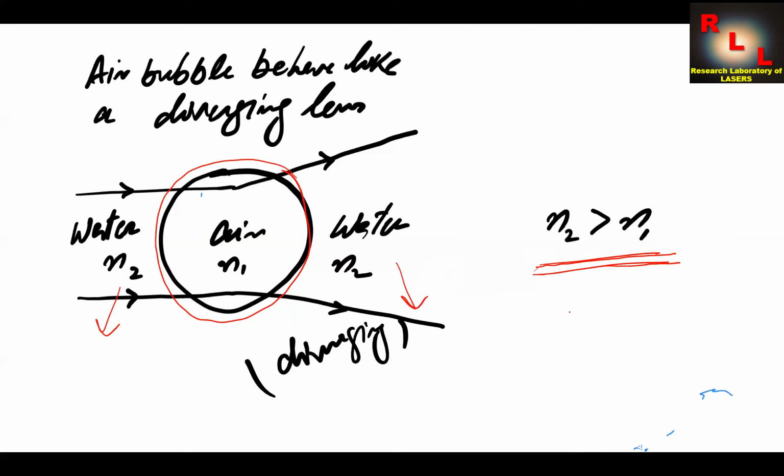Any bubble in water has a shape like a convex lens, but when the light comes from the water and passes through this air bubble, the light is diverging, going away from the principal axis.